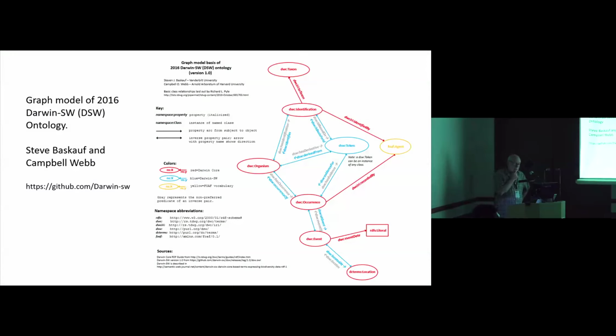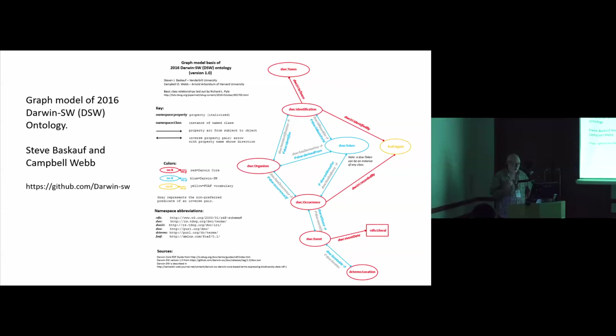A few years later, we went from what we had been doing before the Darwin Core, a lot of normalized database design targeted for designing collection databases. But when the web really started to happen, information integration really became possible.